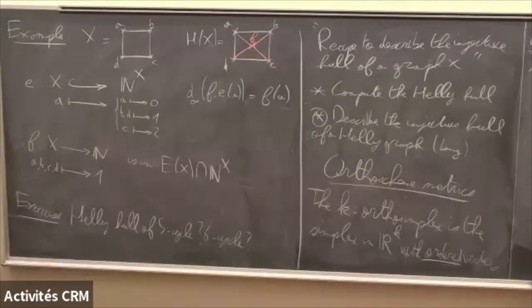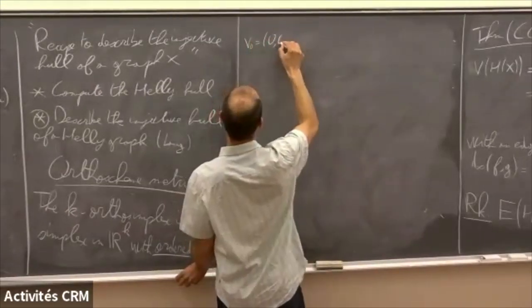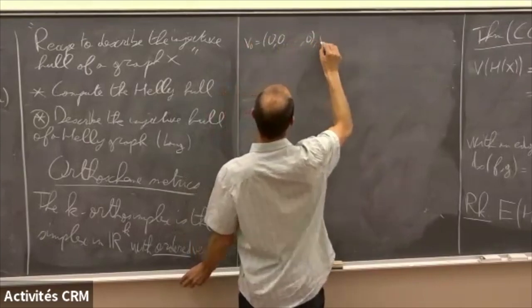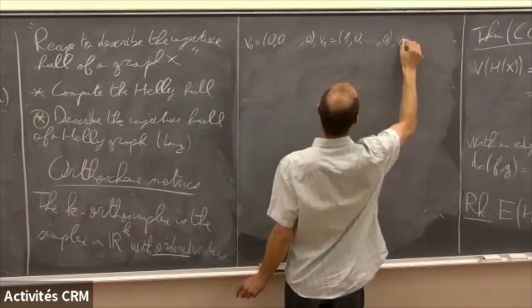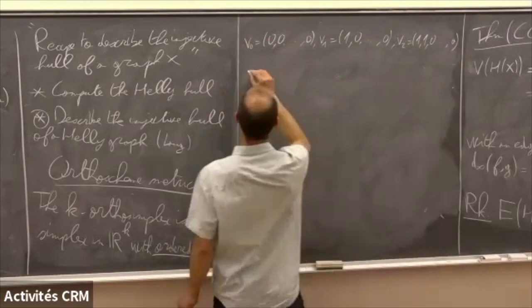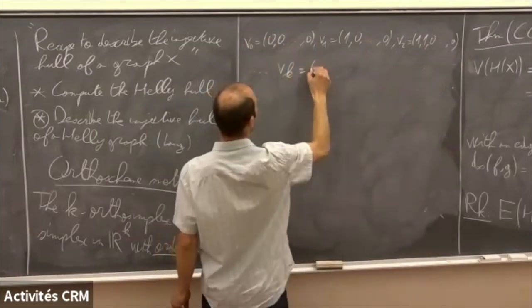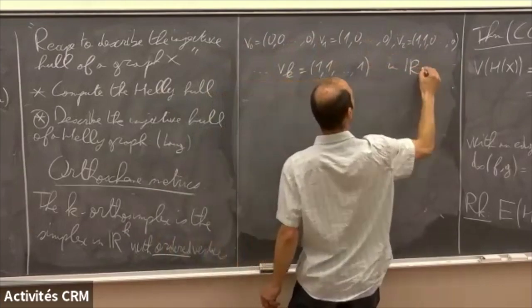And here I will have my k plus 1 vertices, V0, which is 0, 0, 0, V1, which is 1, 0, 0, V2, which is 1, 1, 0, up to Vk, which is the vertex with coordinates 1, 1, ..., 1 in R^k.